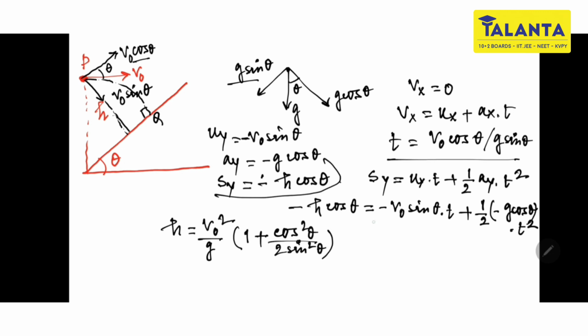That means h equals V0 square by g into 1 plus cot square theta by 2.